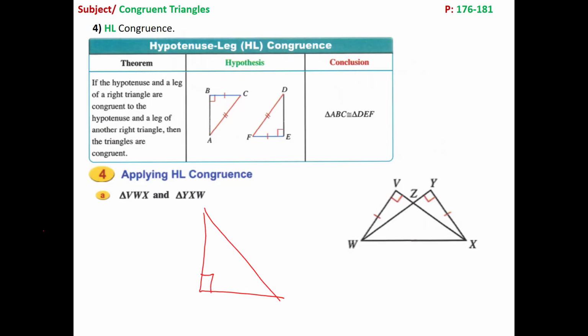Then this side of the right angle is called a leg. This side also is called a leg. The opposite of the right angle is called the hypotenuse. So this one is called the hypotenuse. Okay, so if I want to solve this question, first of all I need to know the parts of it. So let's solve.